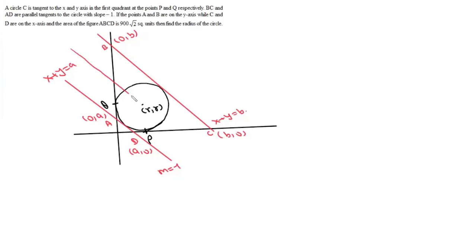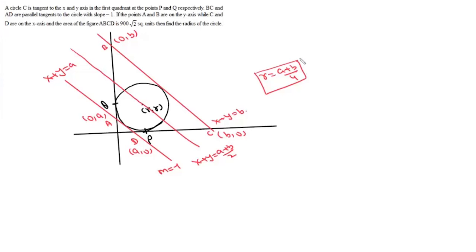Now this line lies in the middle of these two lines, so it will be given by x + y = (a + b)/2, and the center of this circle will lie on this line. So from here we can write this r must be equal to (a + b)/4. So we have r, which is (a + b)/4.